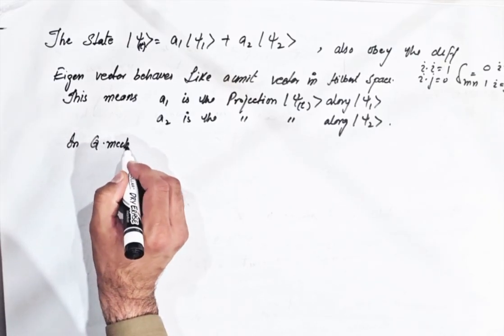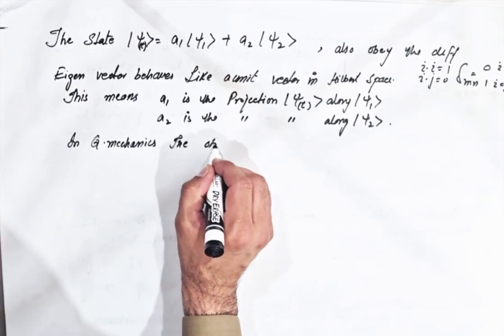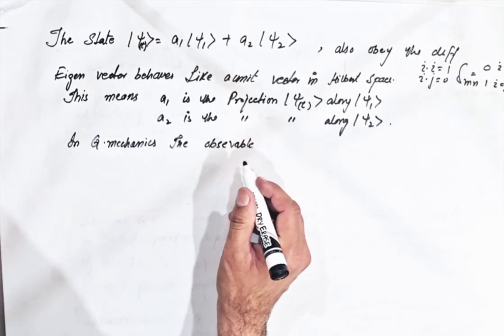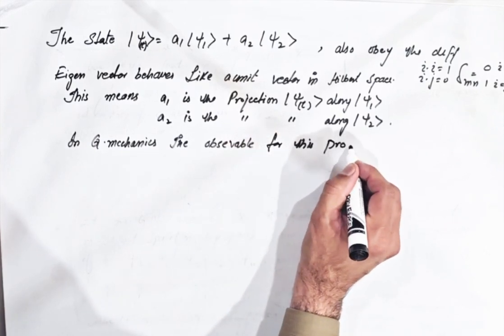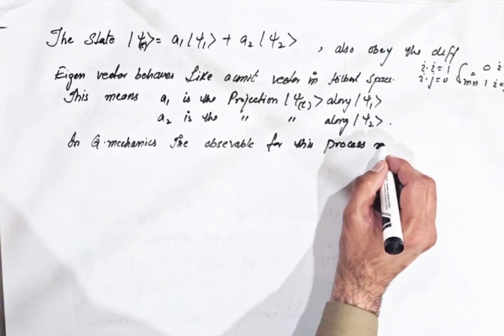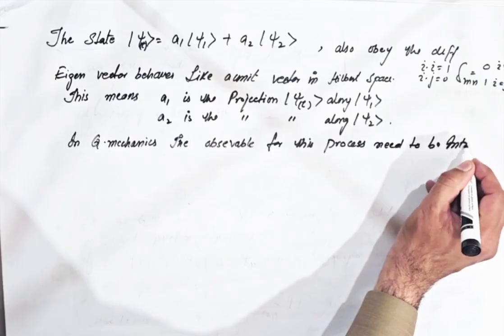In quantum mechanics, the observable for this process needs to be introduced.